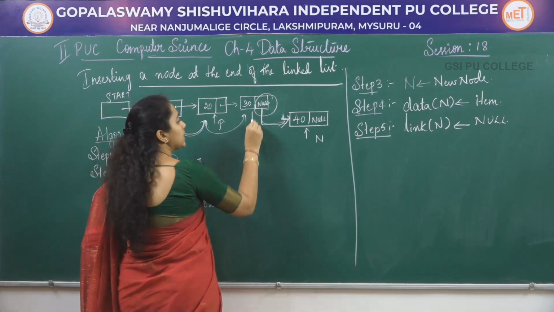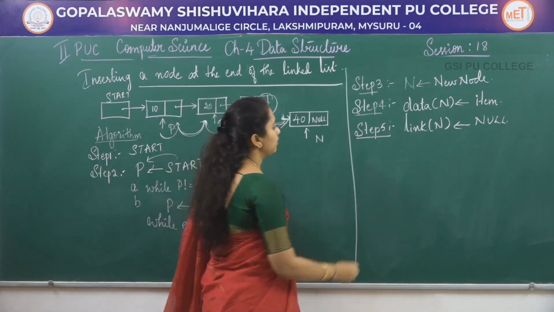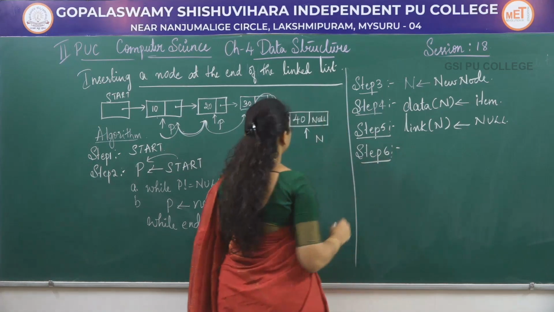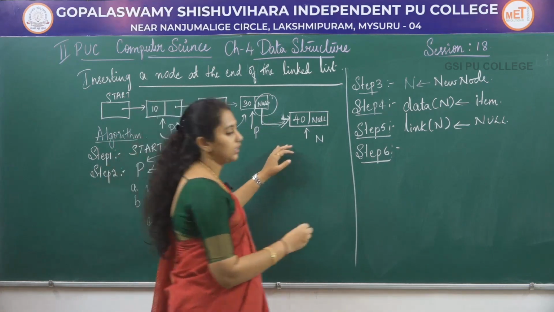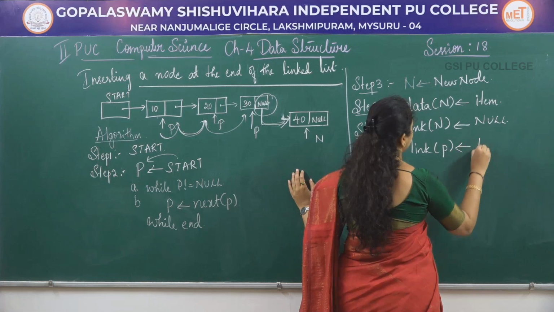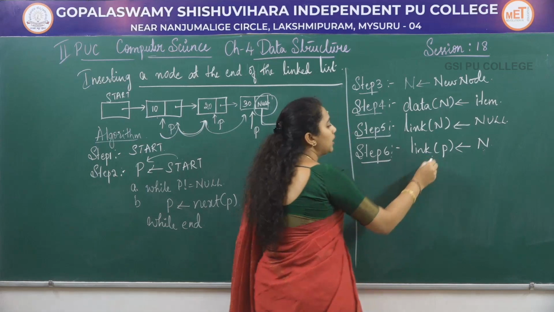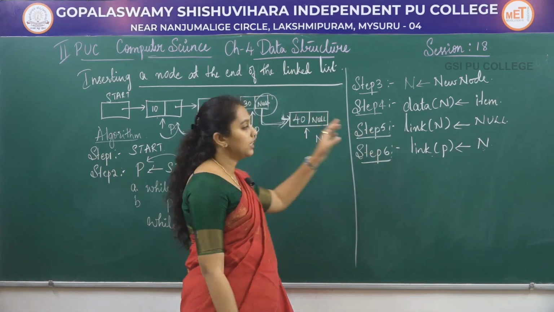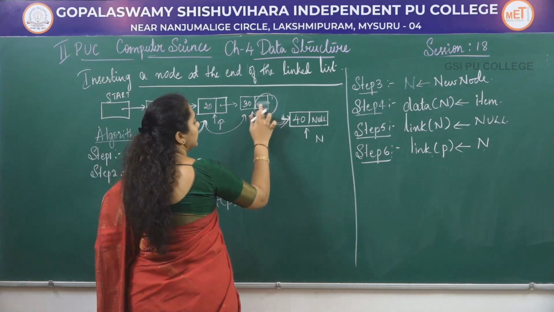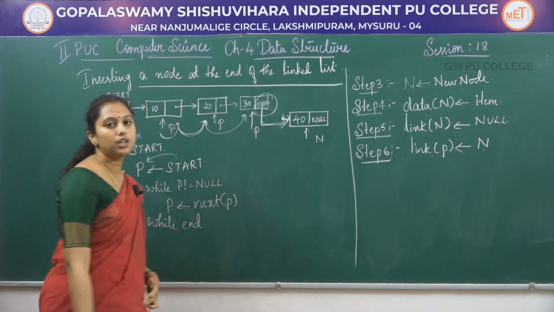So now this node will be the pointer P. We are creating a link to the new node, that is link of P. We are creating the link to the new node from the last node of the linked list. That is, in the link part of the last node, we are going to delete this null and create a link to the new node.